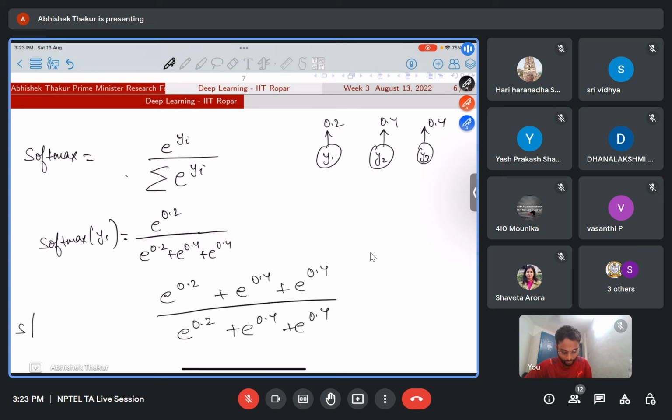When you sum softmax of y1 plus y2 plus y3, the numerator equals the denominator, so this value comes to 1.